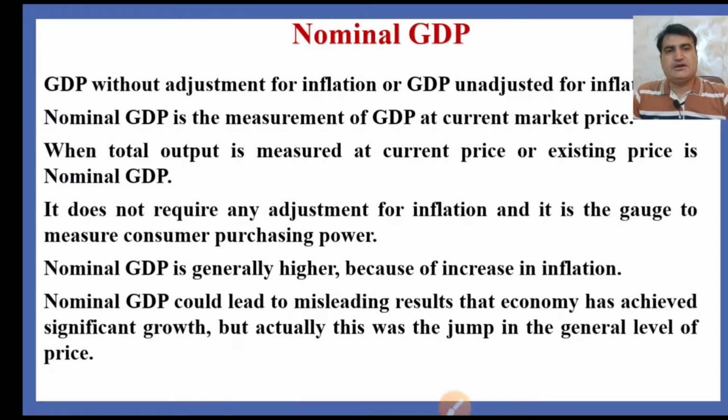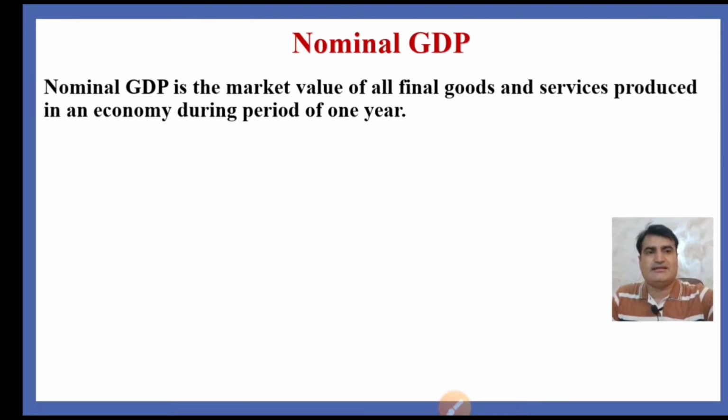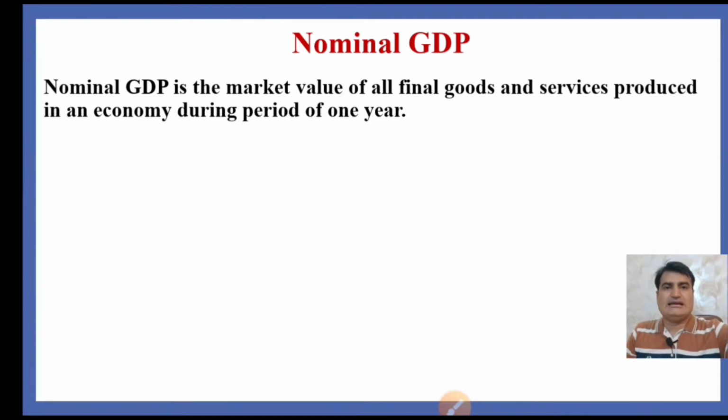Nominal GDP could lead to misleading results, suggesting the economy has achieved significant growth, when actually this was a jump in the general level of price. Nominal GDP is the market value of all final goods and services produced in an economy during a period of 1 year.